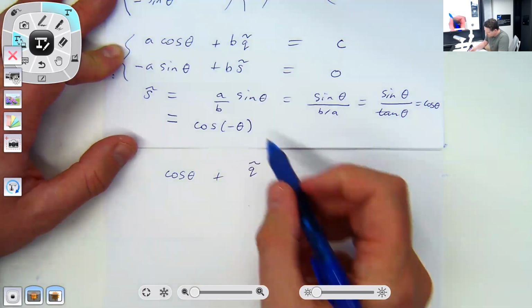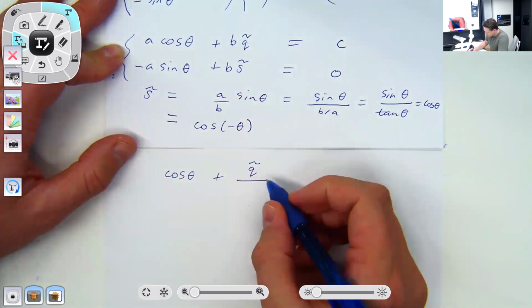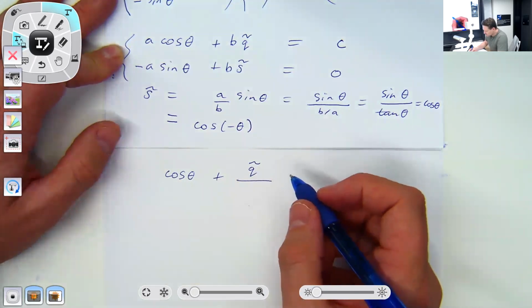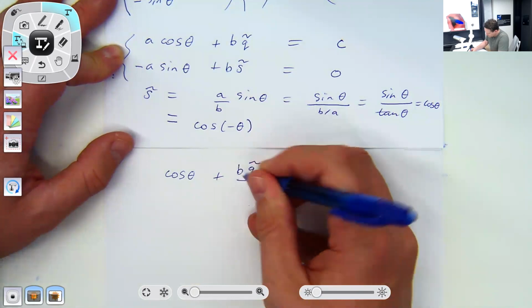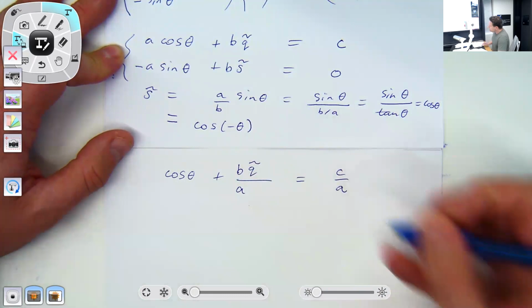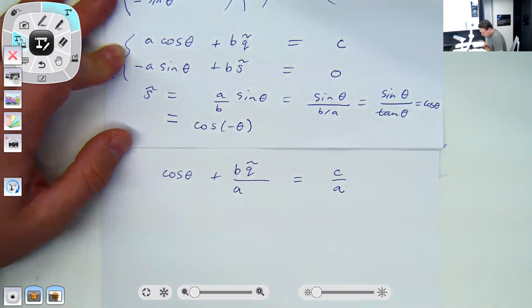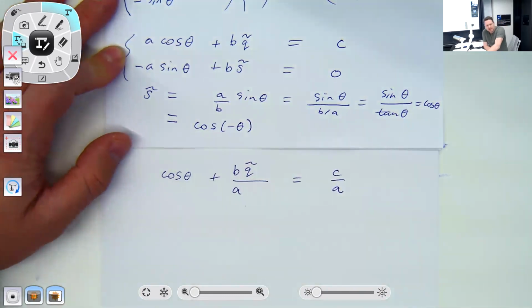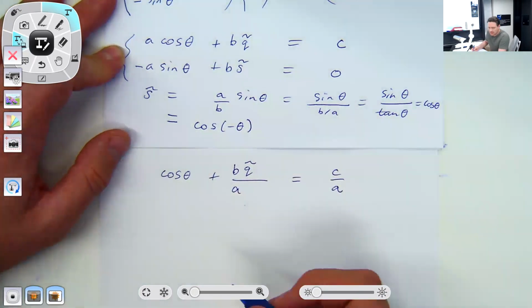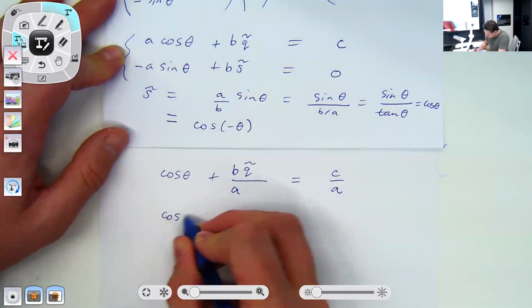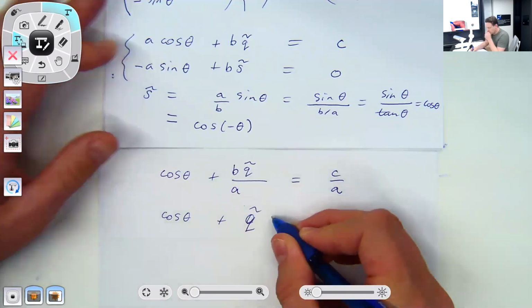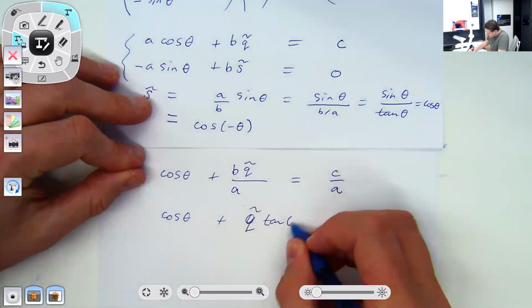We have B over A, but I can express that as, oh, hang on, I think I want to keep B over A, right? Yeah, I want to keep B over A. Okay, equals C over A. Good, okay, I don't think I've made any mistakes. Now B over A is just tan theta. So cos theta plus q tilde tan theta.